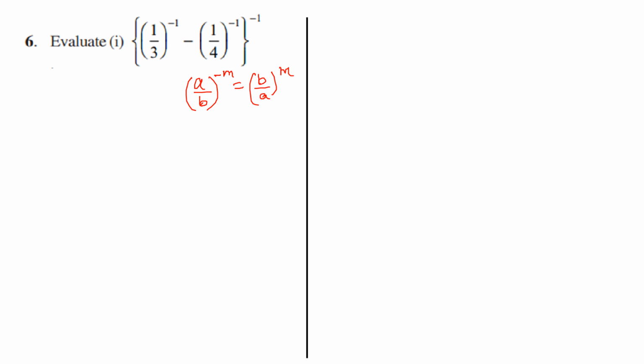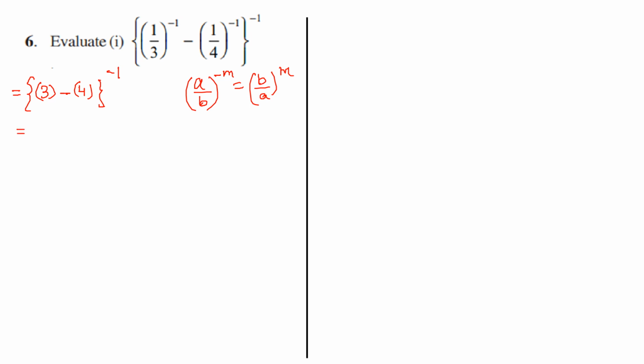So 1 by 3 whole minus 1, reciprocal of 1 by 3 is 3. So it will become 3 to the power 1, which I can write as 3 only, minus 1 by 4, reciprocal of 1 by 4 is 4 and the power will become 1. So I can write it as 4 only, and whole again there is a power of minus 1.